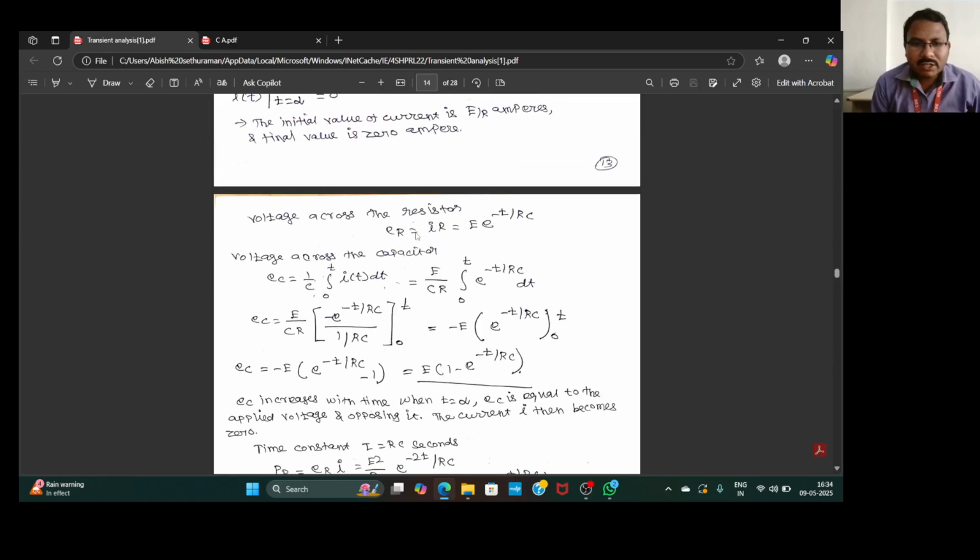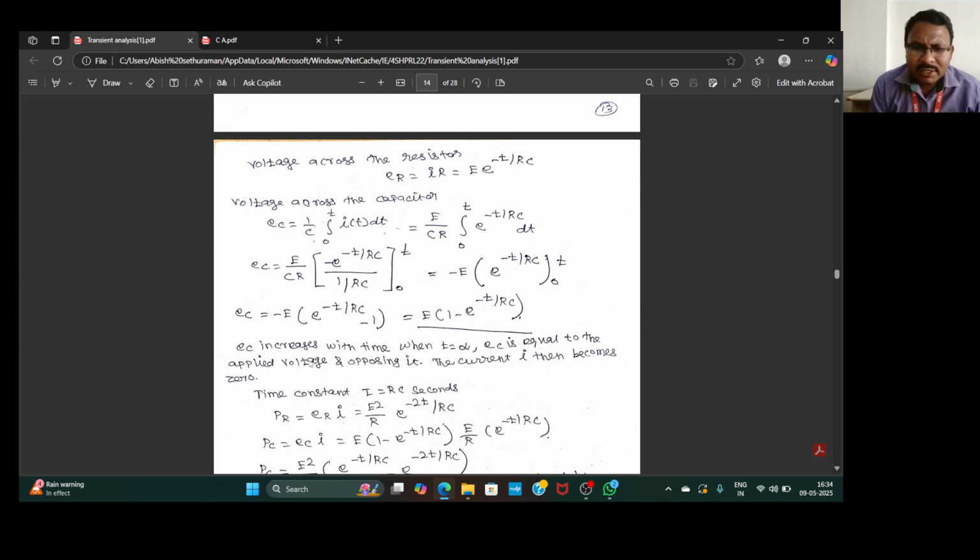Now we obtain the voltage across the resistor and the voltage across the capacitor. This is the general formula: ER equals I into R, which equals E into e power minus t divided by RC. It is the equation for the resistor. Then this is the equation for the voltage across the capacitor: EC equals E into 1 minus e power minus t divided by RC.